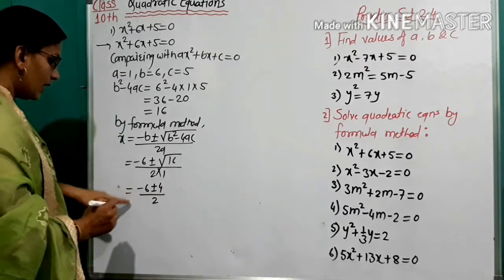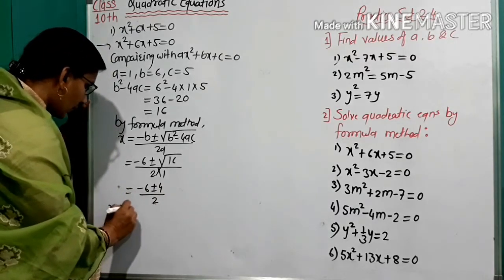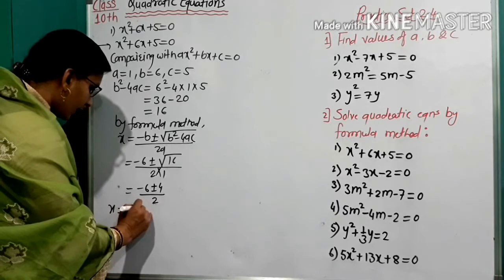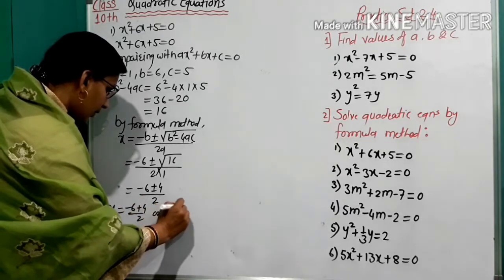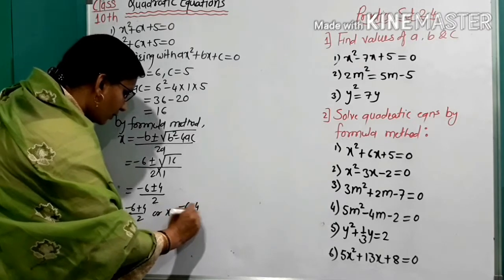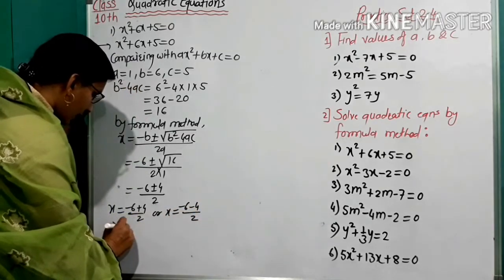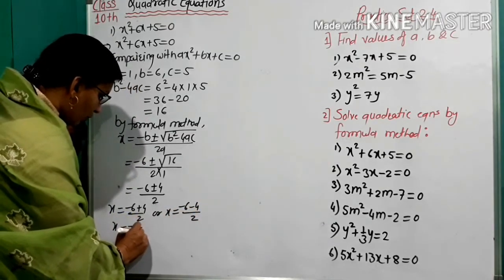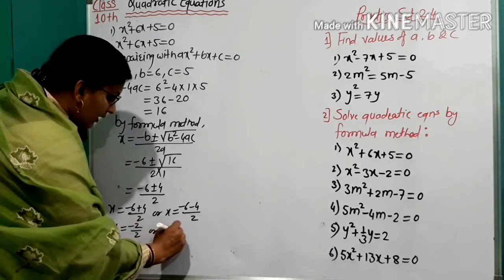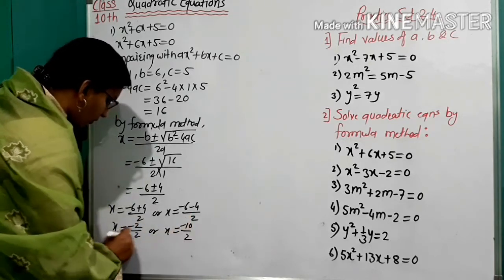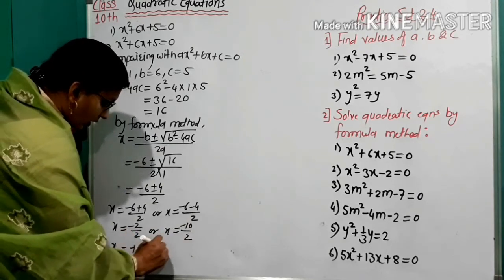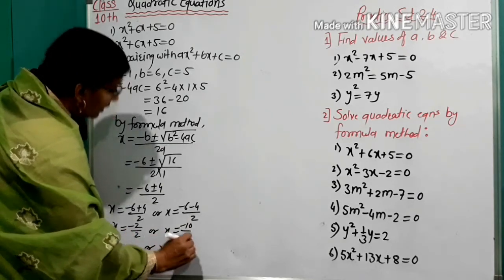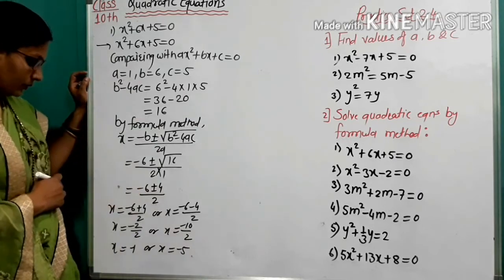Therefore there are two values of x, that is x equal to minus 6 plus 4 by 2 or x equal to minus 6 minus 4 by 2. Therefore x equal to minus 2 by 2 or x equal to minus 10 by 2. So we have the values of x equal to minus 1 or x equal to minus 5.